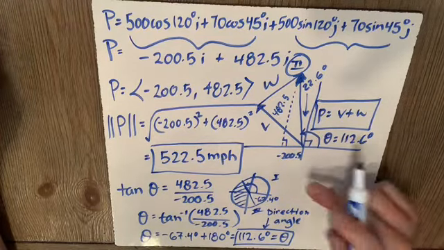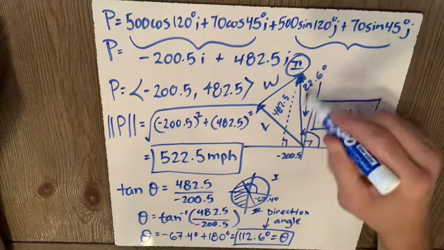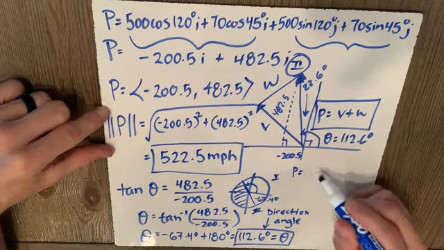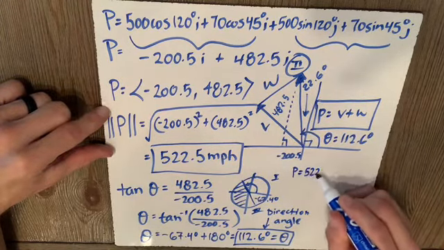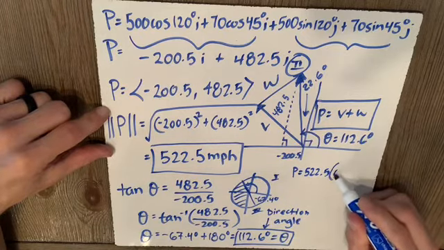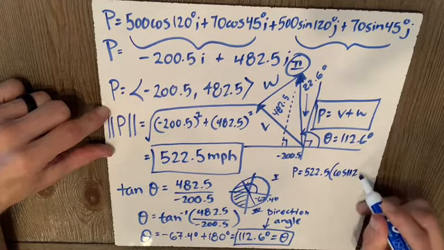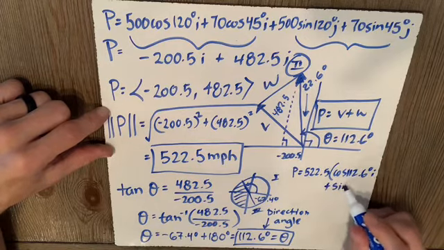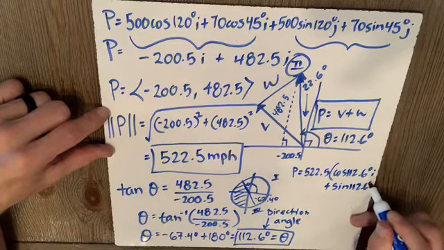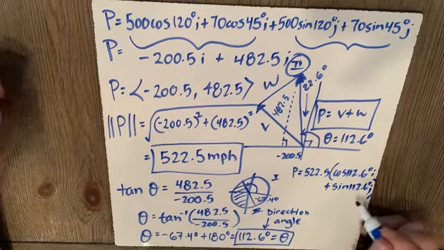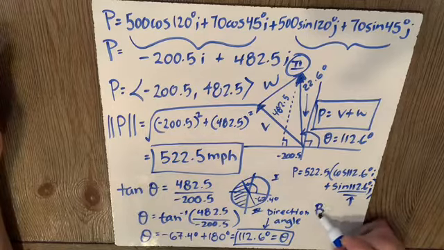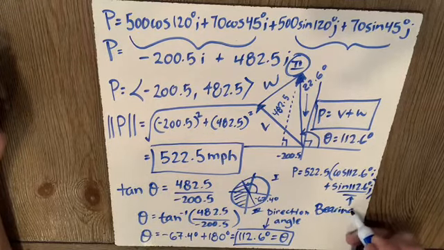If we were going to write this vector in its polar form, we'd say vector P is equal to 522.5 times cosine of 112.6 degrees I plus sine of 112.6 degrees J. That would be polar form, and that's appropriate. 112.6 degrees is appropriate. But they asked us for the bearing.